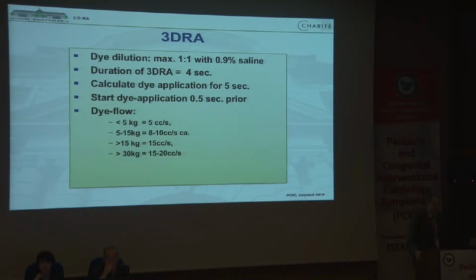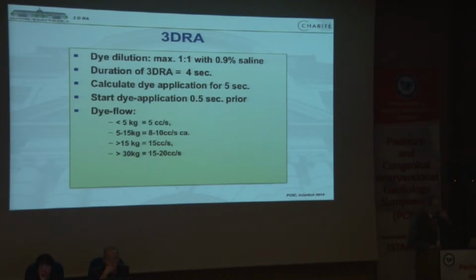One aspect is very important. You should dilute your dye, normally maximum 1:1, with 0.9% saline solution. The duration of the normal 3-dimensional rotational angiogram is roughly 4 seconds, which means you need to calculate the dye application for 5 seconds in total.